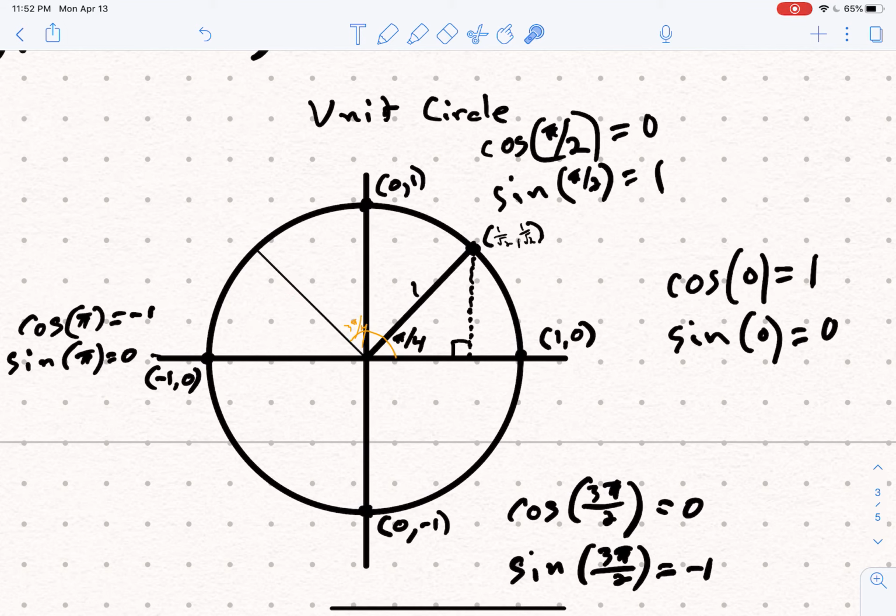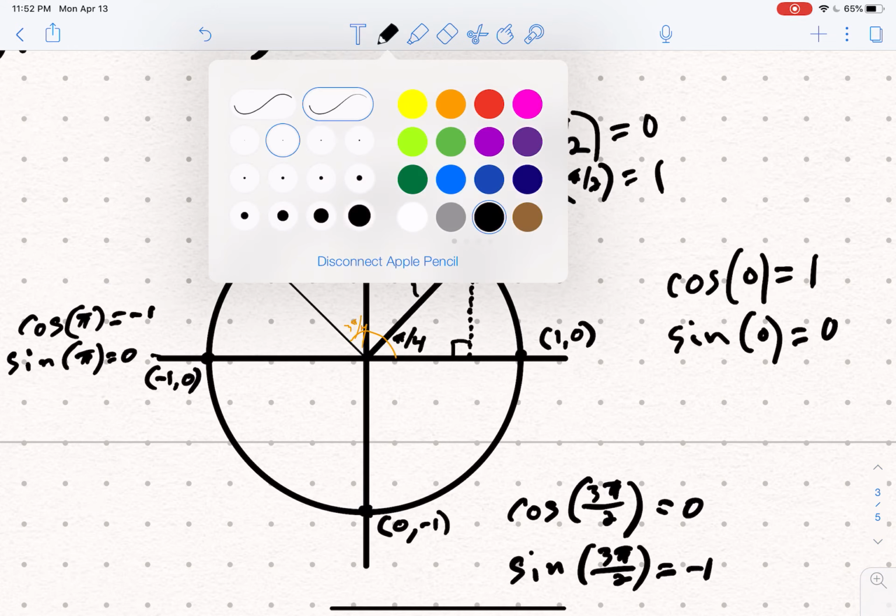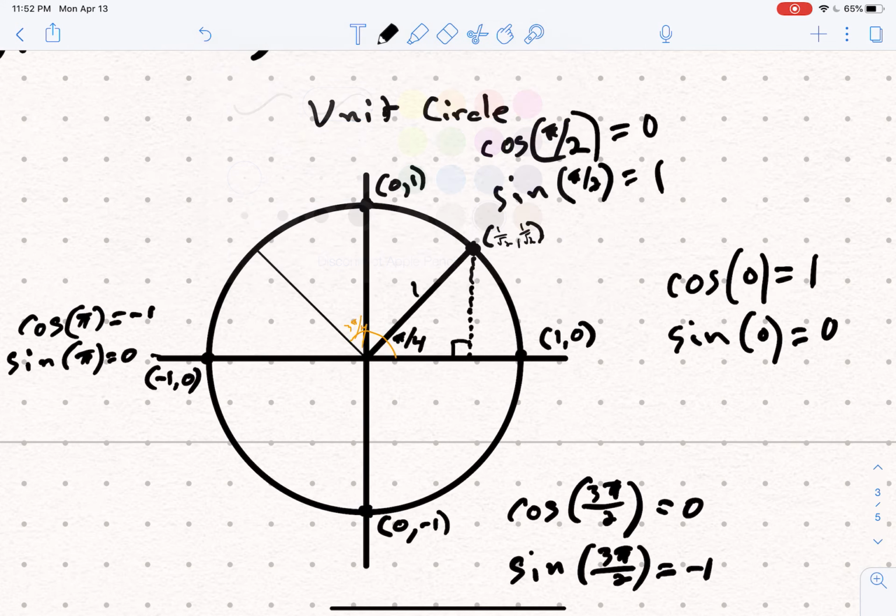If we want to know the coordinates of the corresponding point on the unit circle, we're looking for this point right here. And the nice thing about this picture is that once we figured out the first one, you'll notice this is just a mirror image of it, flipped over the y-axis. It's a perfect mirror image.